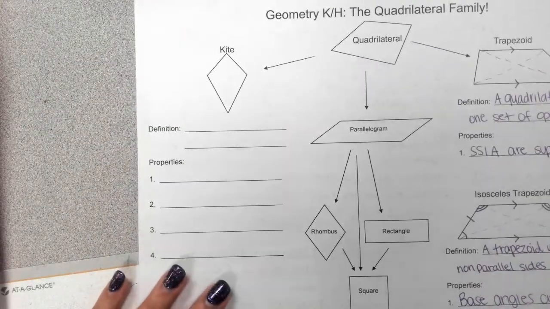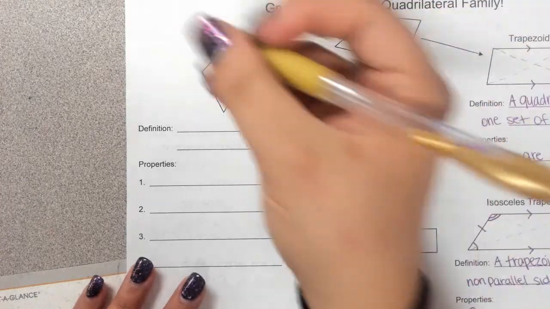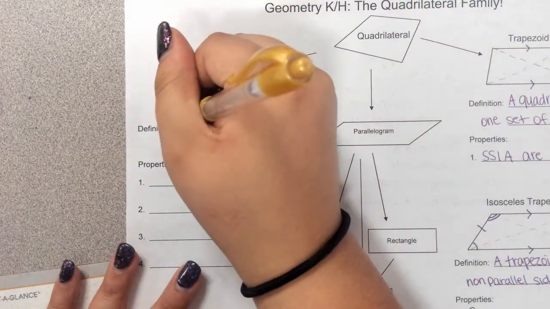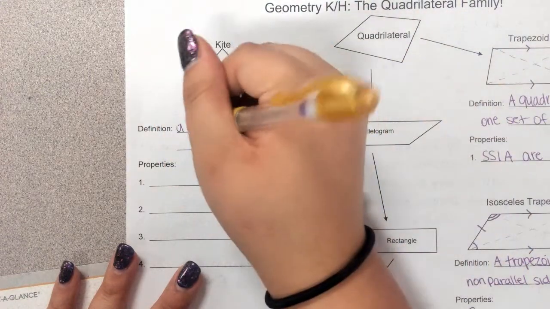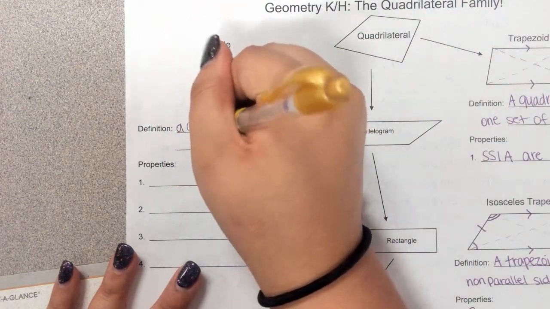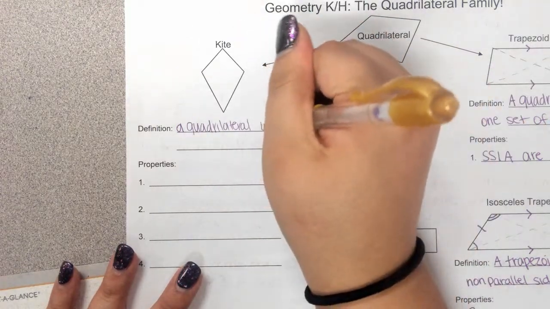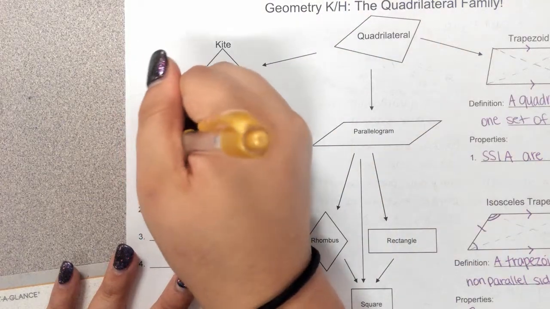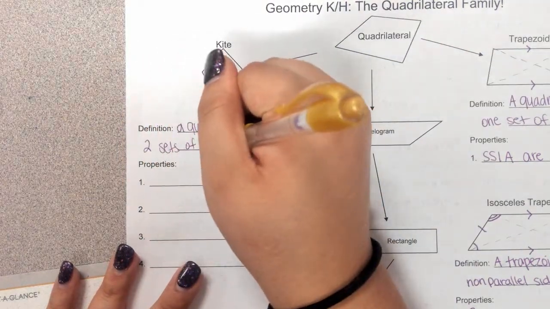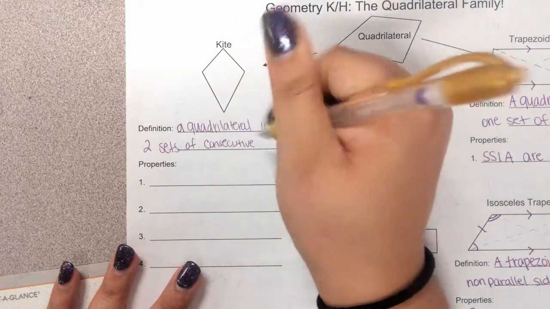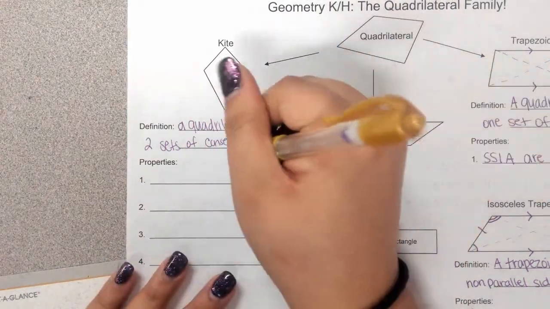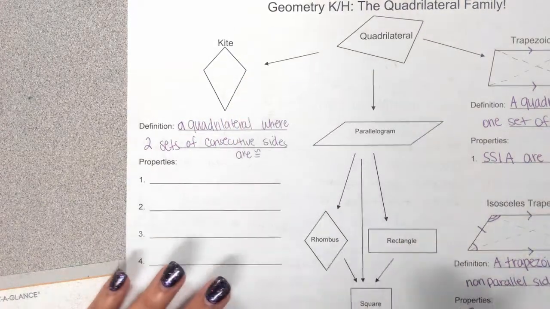For our flow chart, the only thing we have not filled in is kites. So we're going to go ahead and do that. So the definition of a kite is a, I was mixing quadrilateral and kite, a quadrilateral where two sets of consecutive sides are congruent.